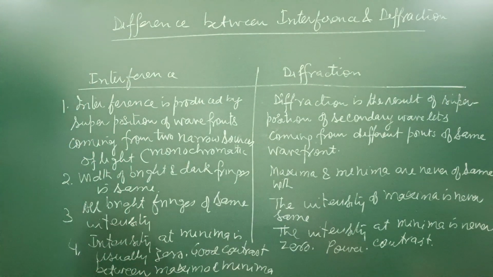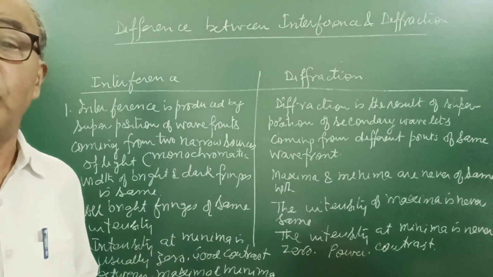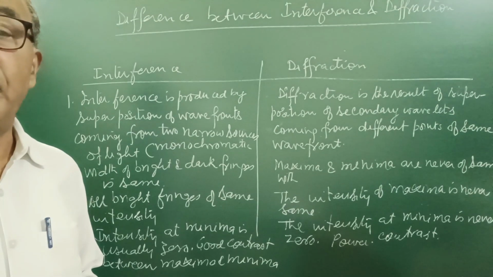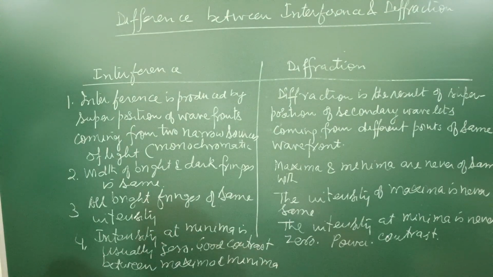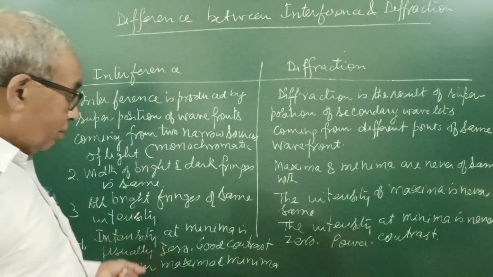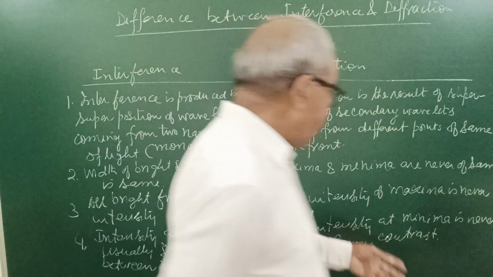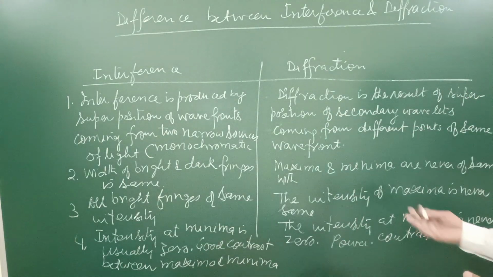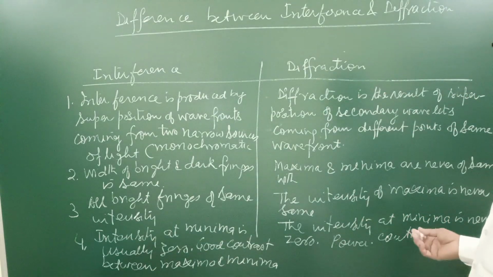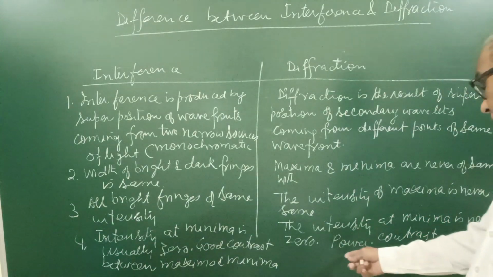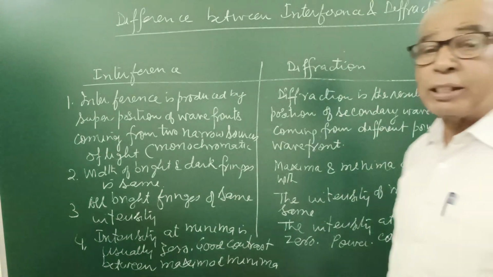Here, in diffraction, the intensity at minima is never zero. Some light is seen in the diffraction pattern at minima, and there is poor contrast between maximum and minimum.